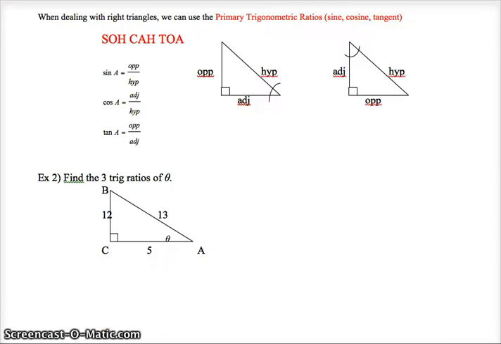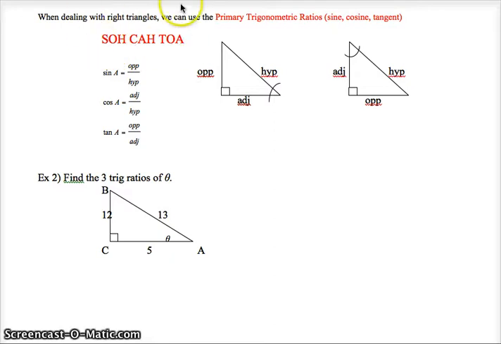Okay, but the key thing is that we won't necessarily have our opposite and adjacent all the time, and instead of having to solve for the third side length using the Pythagorean theorem, we can use our other relationships, our sine, our cosine, and our tangent. So the primary trig ratios are sine, cosine, and tangent that we can use for right triangles.